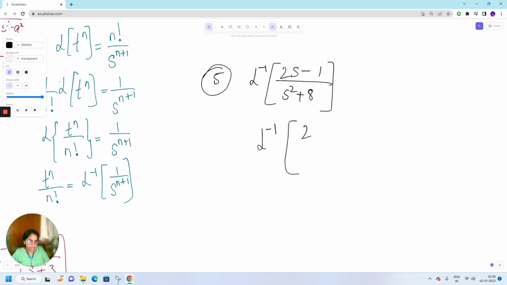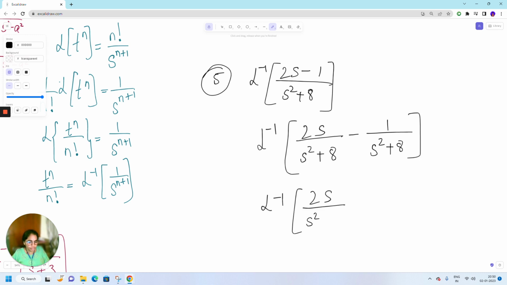That is Laplace inverse of 2s divided by s square plus 8, minus 1 divided by s square plus 8. If I take the LCM, I would get back the previous step. So this would be Laplace inverse of 2s divided by s square plus 8 minus Laplace inverse of 1 divided by s square plus 8.